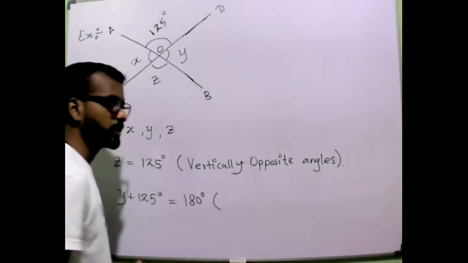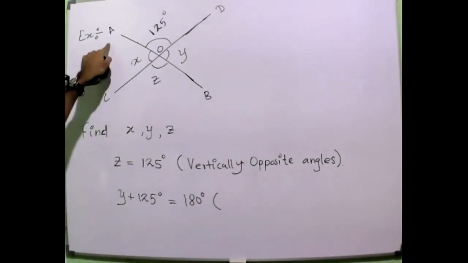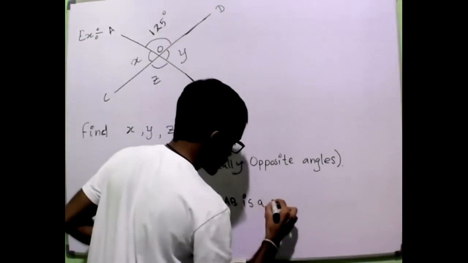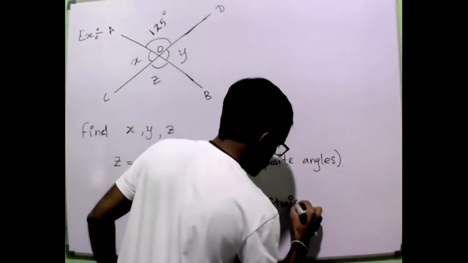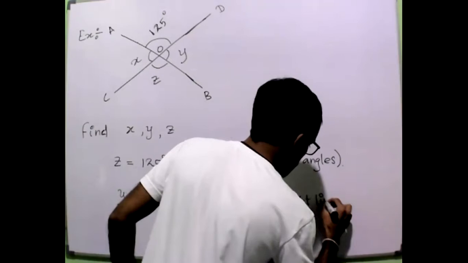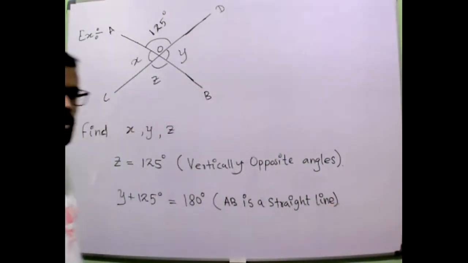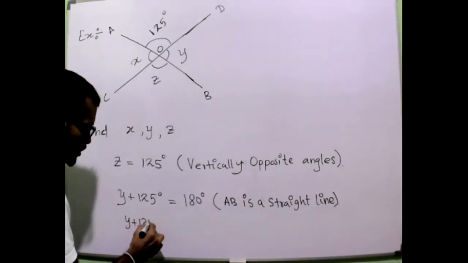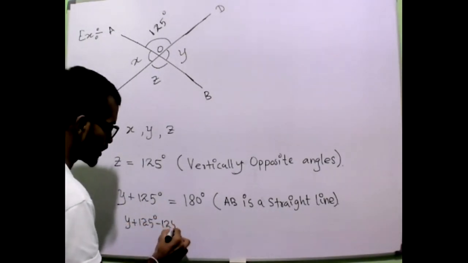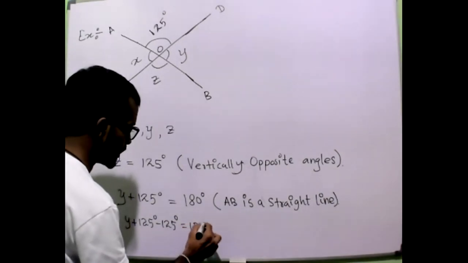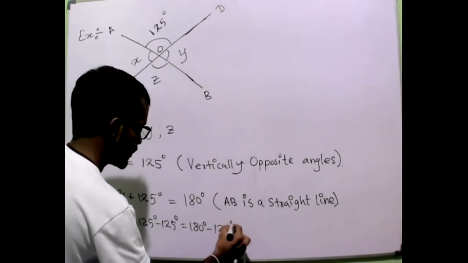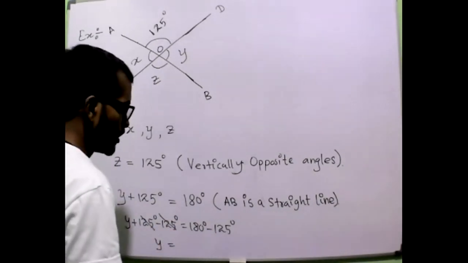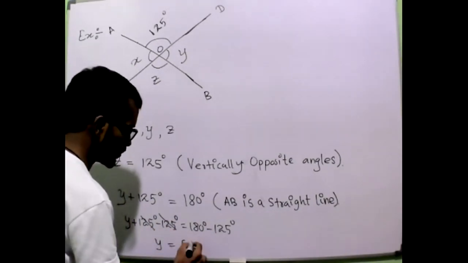Why is that? What is the reason? You know already. Because AB is a straight line. Then you can find the value of y. Y plus 125, minus 125, equals 180 minus 125. The 125s cancel out. Y equals 55.